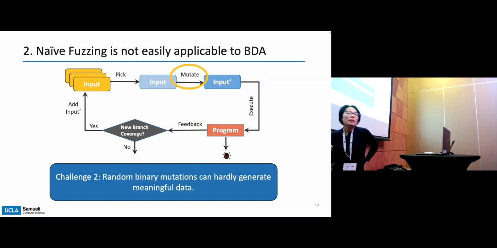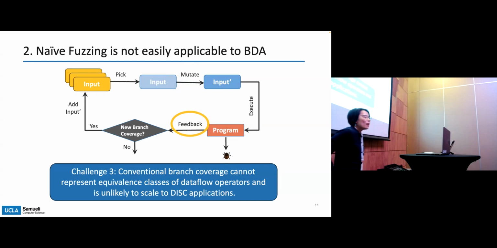Another problem is that bit-level or byte-level low-level elementary mutations are unlikely to produce a meaningful input. The likelihood is much lower in big data because the data has a very large footprint. If you do random selection and mutation, the likelihood of coming up with reasonable data is low.